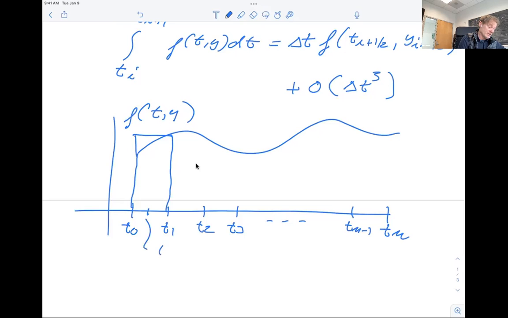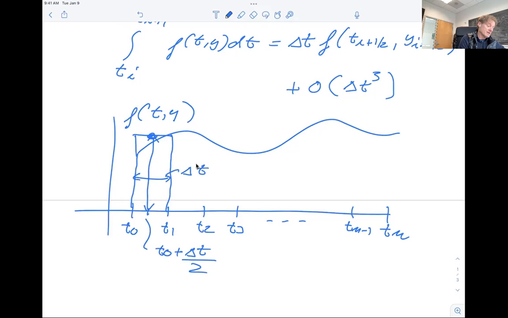so this will be t0 plus delta t divided by 2. If we evaluate the function at that specific value, this will be the height of the rectangle. And then the width of the rectangle is simply delta t.